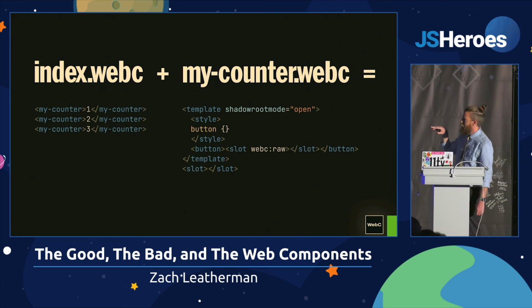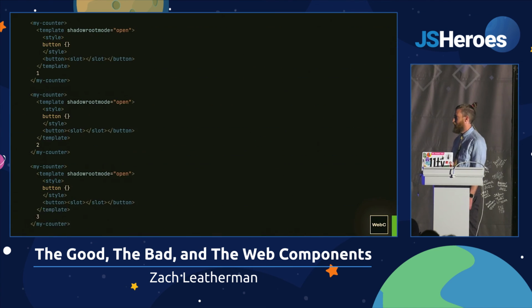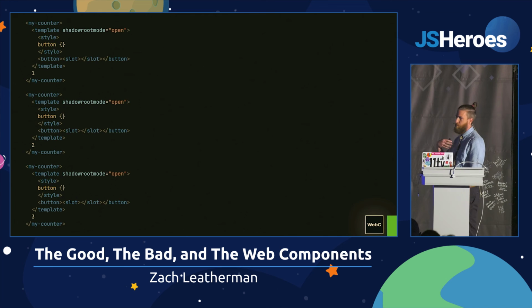Okay, so when you're using WebC, you can combine component instances and component definitions. So in this example, we have a myCounter WebC file. We can embed our declarative shadow DOM template inside of that, and WebC will process those on the server to output our generated HTML for us. So when we're authoring the components, we still get the nice benefits of not having to repeat our template throughout our component instances, and WebC will process those for us and copy it throughout.